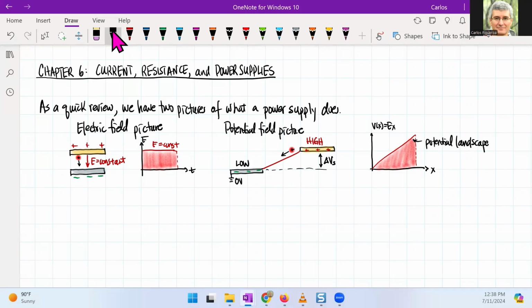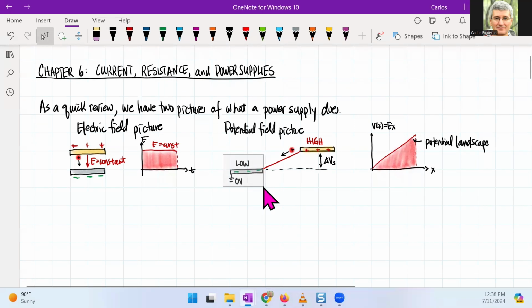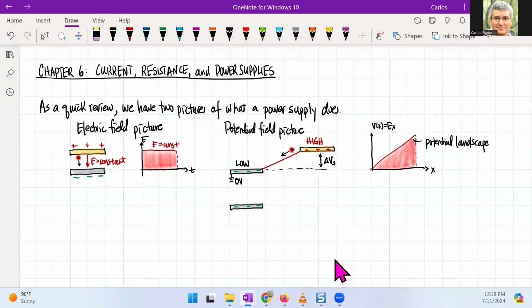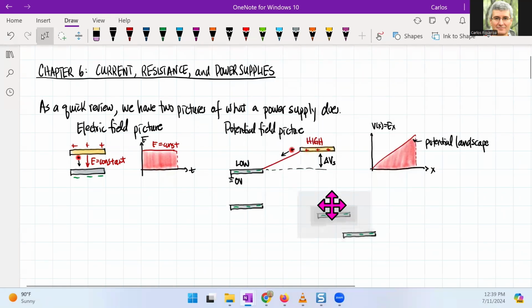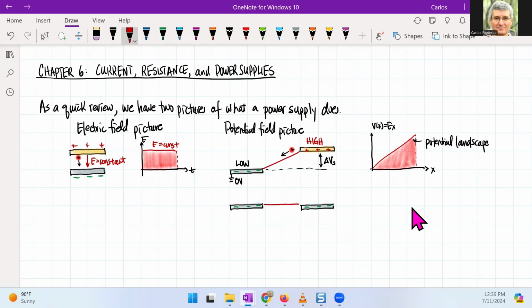But there's another thing we said about potentials. If I had two potentials that have the exact same charge, in other words, there is no charge difference between these two, we're going to find that the potential here is flat.